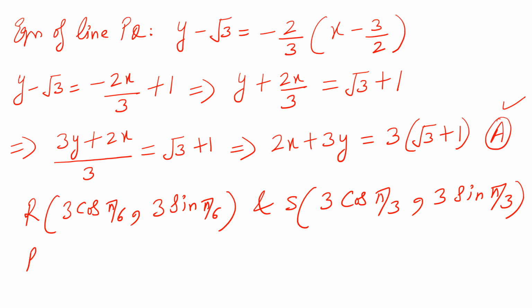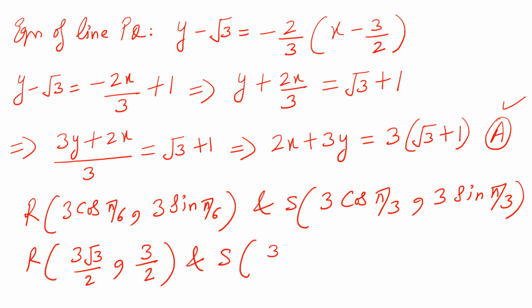Now students, the coordinates of R become 3 root 3 by 2, comma 3 by 2, and the coordinates of the point S become 3 by 2, comma 3 root 3 by 2. Now students, in the question we are given 2 points N1 and N2, where N1 is x1 comma 0 and N2 is x2 comma 0.